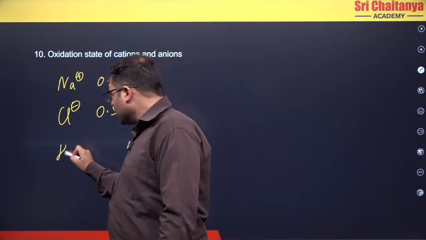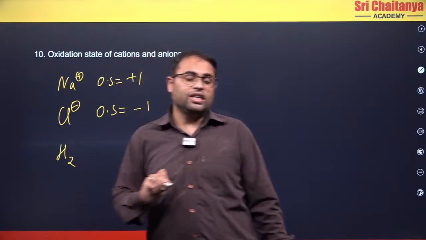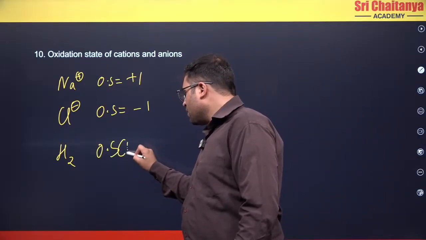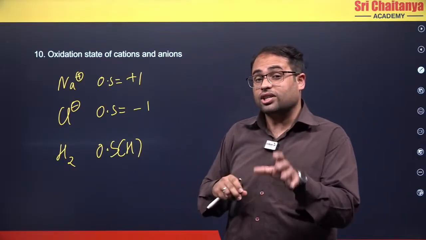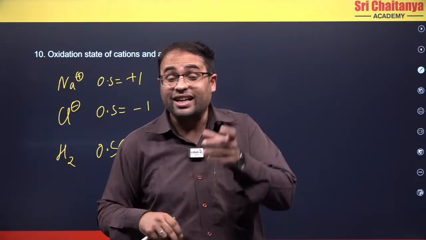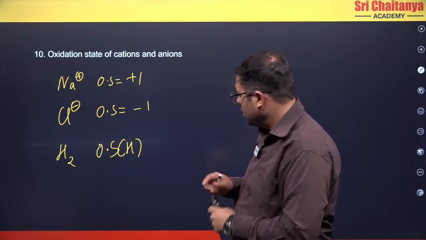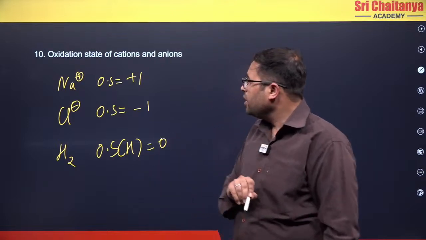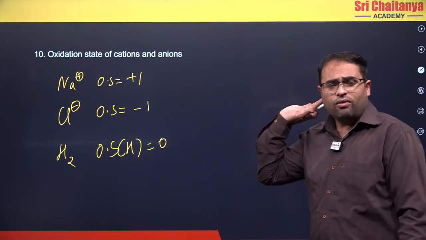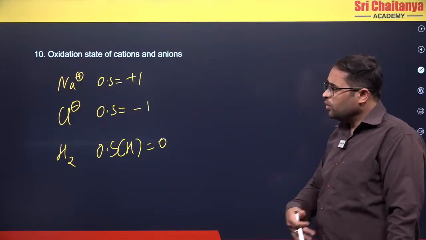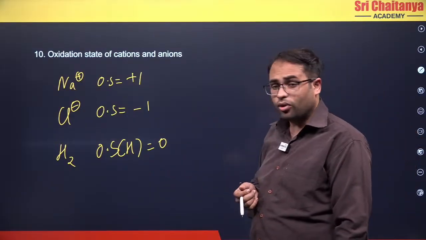Remember, oxidation state or oxidation number, I am repeating again and again, for a single atom, an element, is 0. So for cations and anions, you have a complete list which you have studied in your lower classes. You can take them up and get your oxidation states from there.